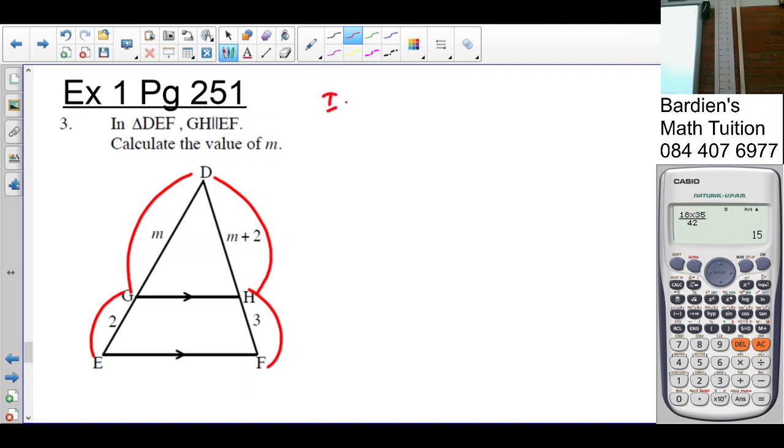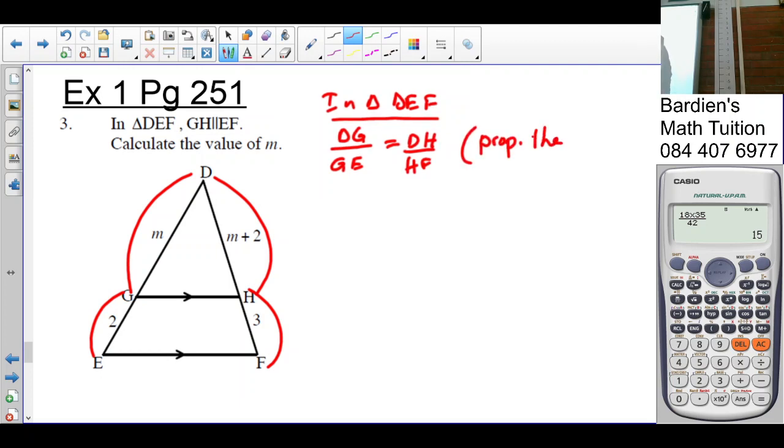So we say in triangle DEF, DG over GE is equal to DH over HF. And what's your reason? The proportionality theorem with GH being parallel to EF.